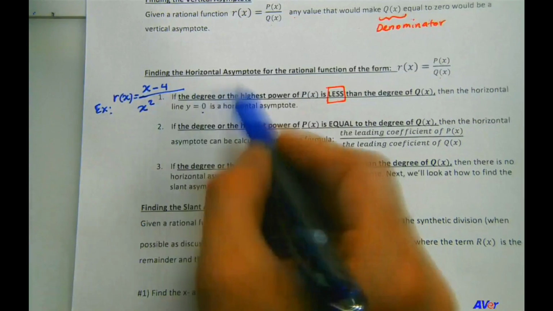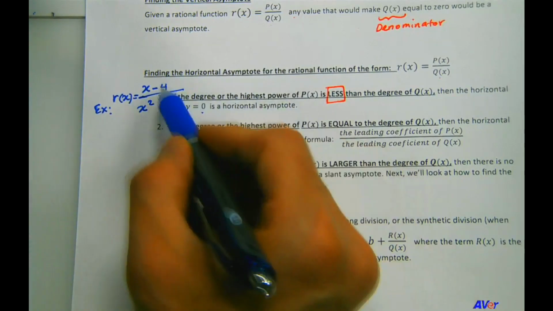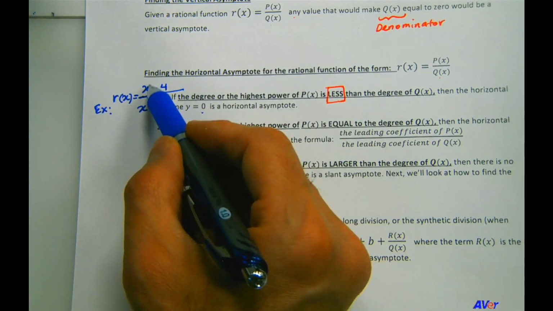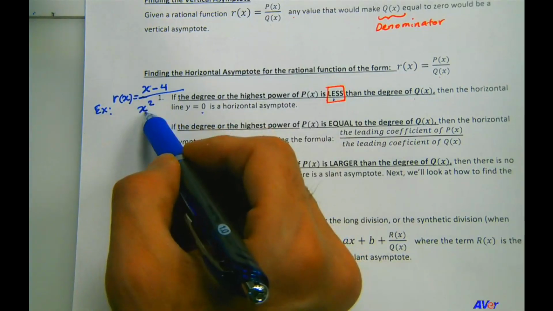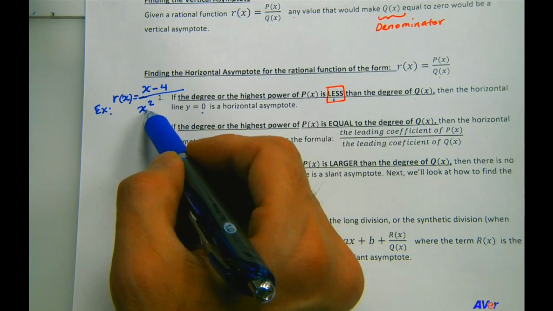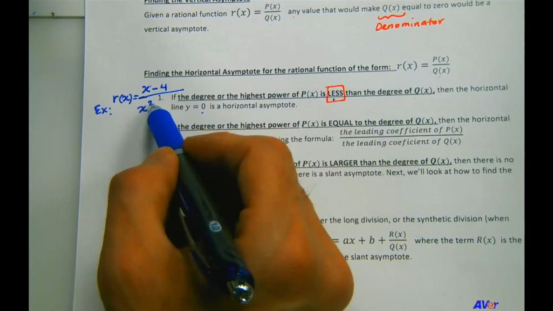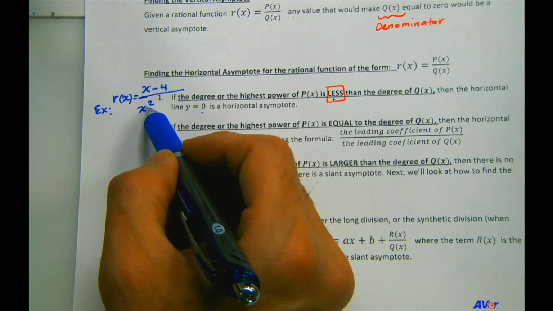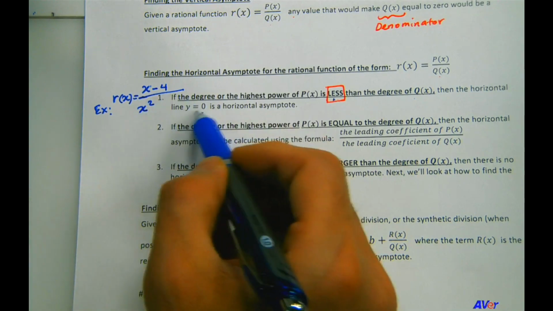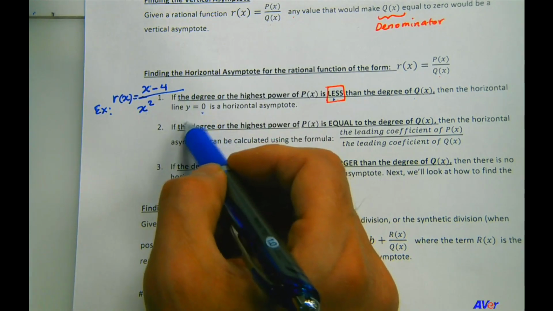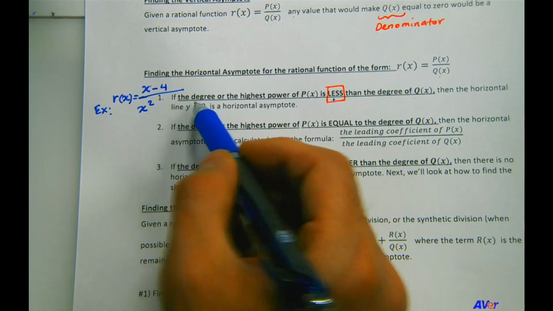Because the degree of p of x is 1, which is less than the degree of q of x, the polynomial in the denominator, which is 2. So 1 is less than 2, and we're going to have a horizontal asymptote at y equals 0, or the x-axis. Okay, that's an example of this case.